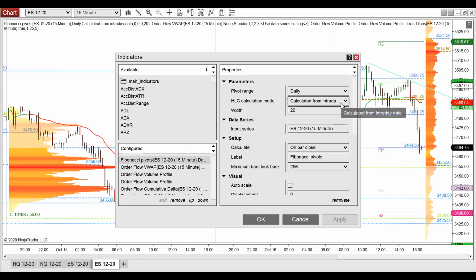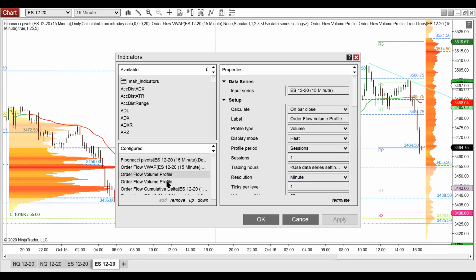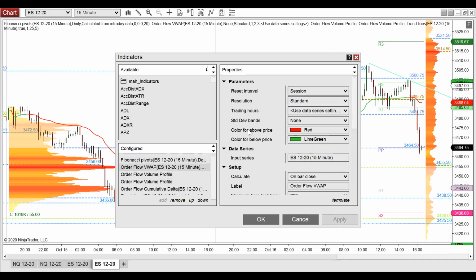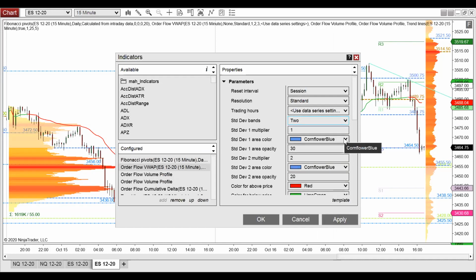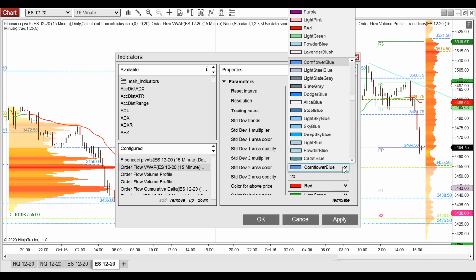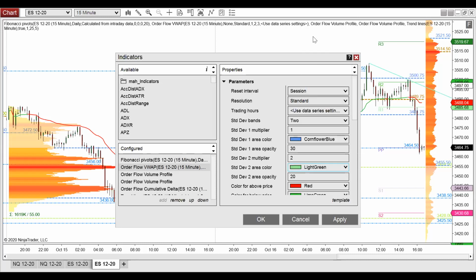But what is really cool about the Ninja Trader suite on the order flow, you can get actual standard deviation bands. And those bands are amazing. I like them a lot.